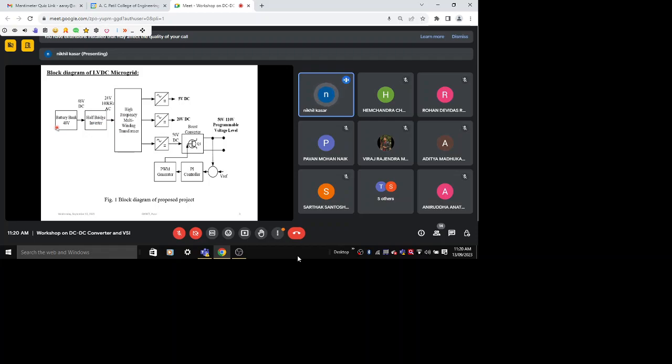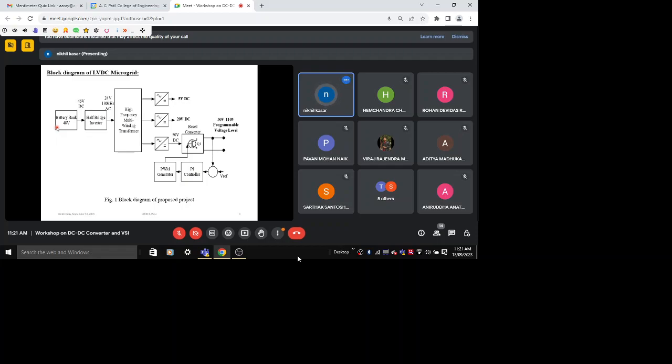The term I have used is regulation of voltage. This regulation of voltage is already done by utilities in AC. All the loads, all the electrical devices that we are using at our home, starting from the ceiling fan to the light sources, are designed to work at 230 volt AC supply. This is nothing but the regulation of voltage at the consumer level from the utility.